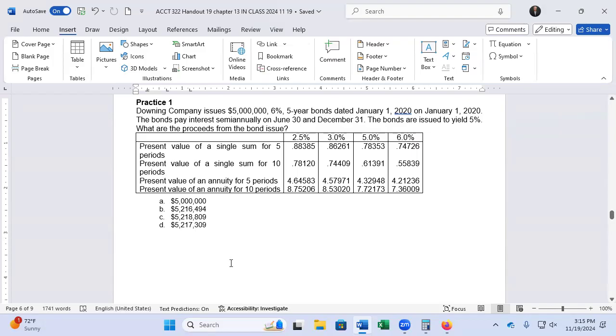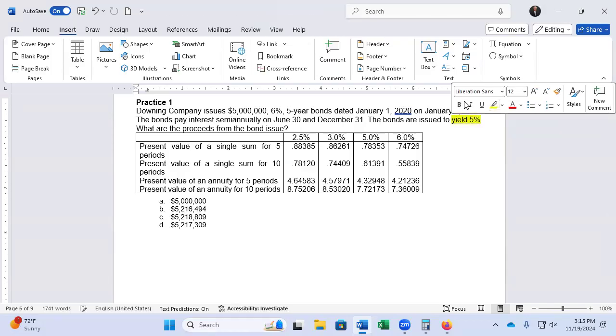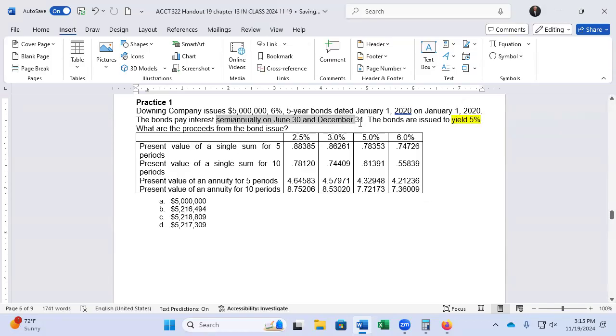Okay, I'll go through it. All right, so the key we want is that we want to yield 5%. And we have interest semi-annual on June 30th and December 31st. So our interest rate for the effective interest method would be to take the 5% and divide by 2, and so that's 2.5%.